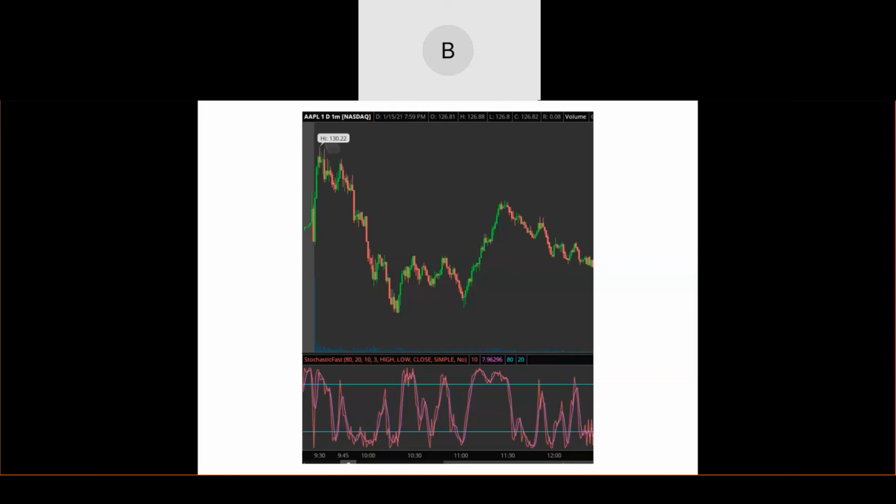And if you're looking for short term, then 1 day 5 minute, 1 day 10 minute, both are good.